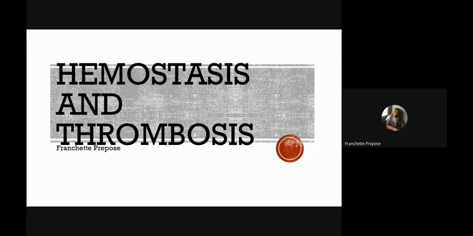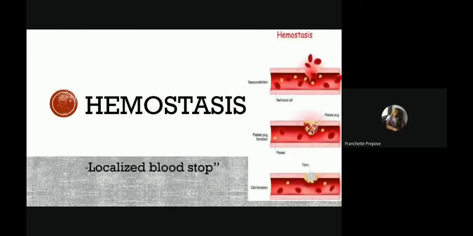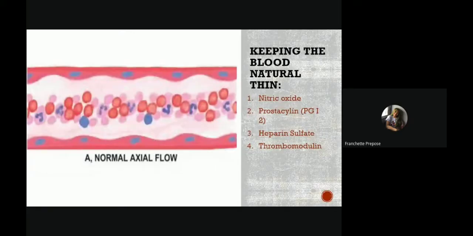Hemostasis and thrombosis. Hemostasis means localized blood stop, where hemo means blood and stasis means stop. Combining these two is the arrest of blood loss from damaged blood cells or blood vessels.